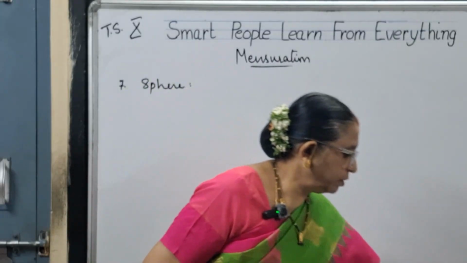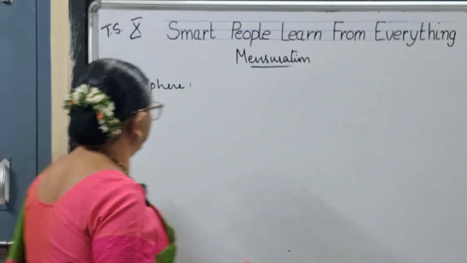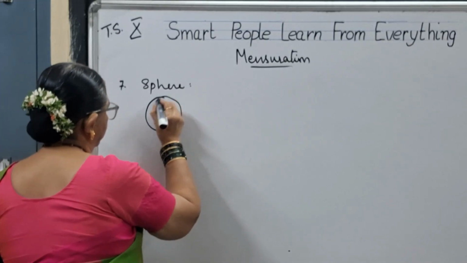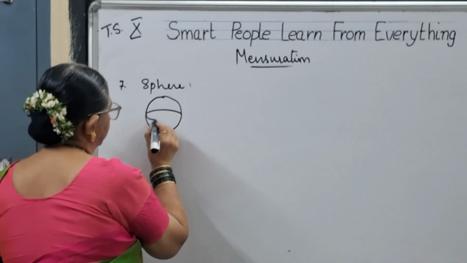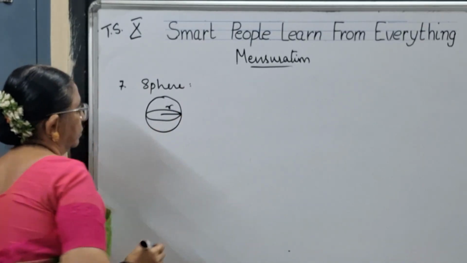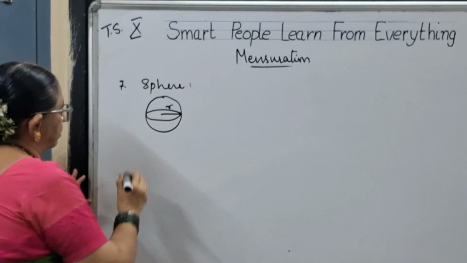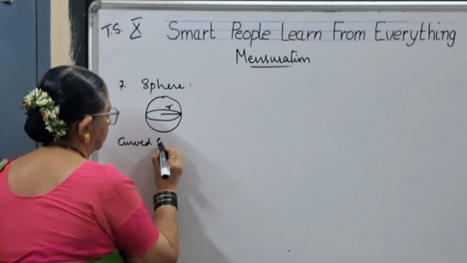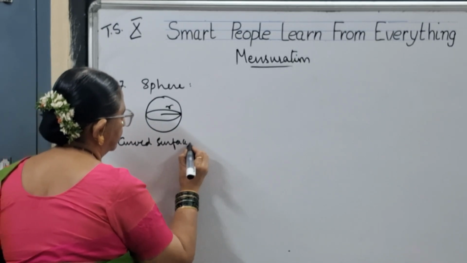Now the next one is sphere, children. Sphere is about a ball, your cricket ball you can consider. This is the radius. For sphere, this has curved surface area.